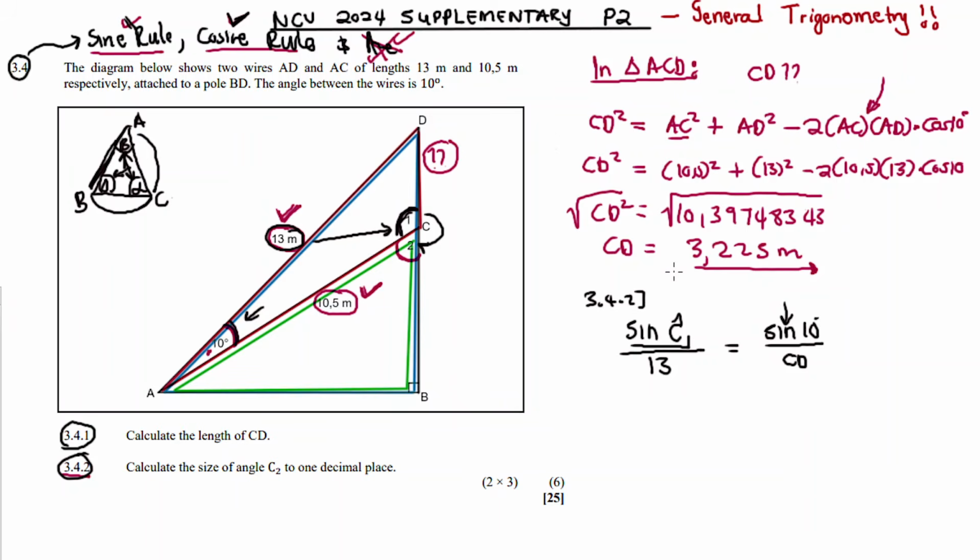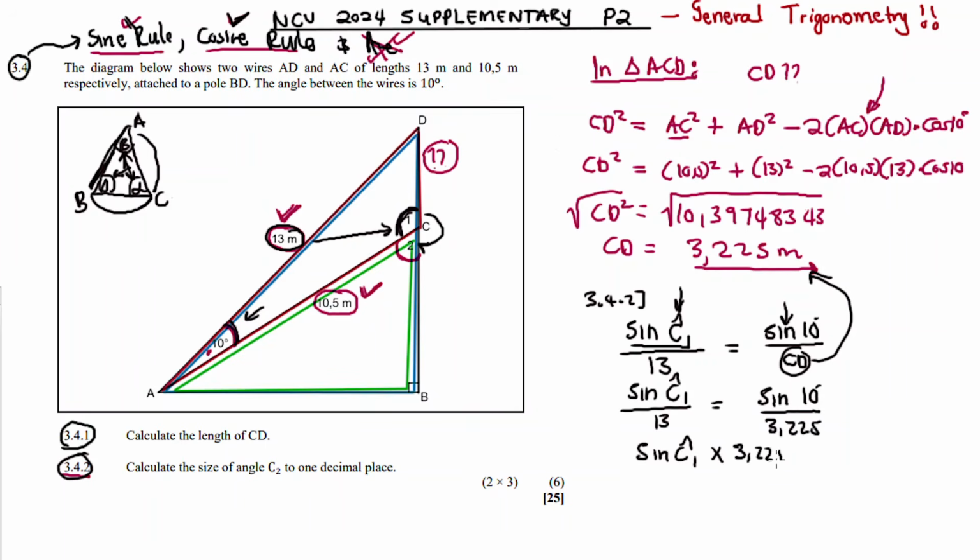So you want to set up an equation such that only one is unknown. Like I wanted to calculate C1, so it's the only unknown. I do have CD. So sine C1 over 13 is equal to sine 10 degrees over CD. It's 3.225. Cross multiply, and then we end up with sine C1 multiplied by 3.225 is equal to 13 multiplied by sine 10 degrees.